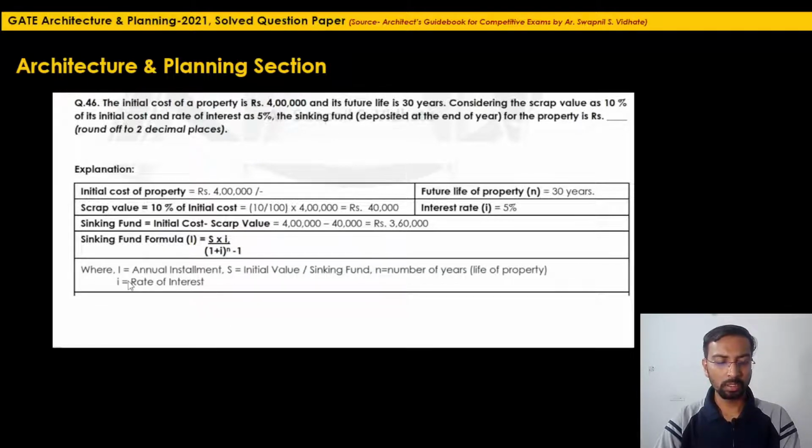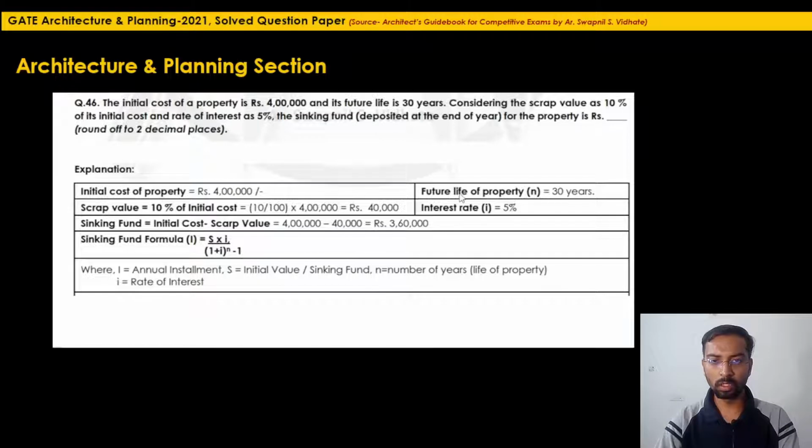Now, I is the annual installment, S is the value you need to accumulate in the sinking fund, and i is the rate of interest. If the rate of interest is 5%, you will not put 5 as i. It will be 5 divided by 100, so the value of i will be 0.05.